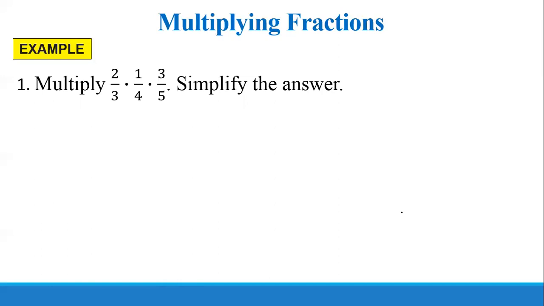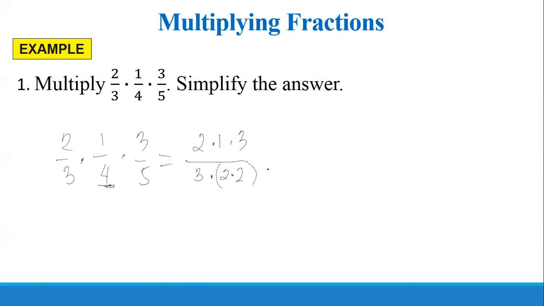Okay. So, first, we have to multiply the numerators and multiply the denominators. Since we are dealing with smaller numbers, rewrite muna natin. 2/3 times 1/4 times 3/5. So, multiply numerators and multiply the denominators. So, 2 times 1 times 3. And then this one is 3 times, so ito, paghiwalayin natin, what are the factors of 4? 2 and 2.